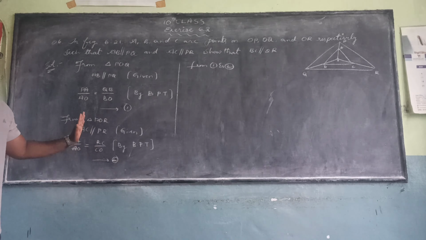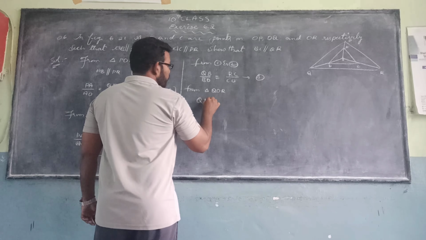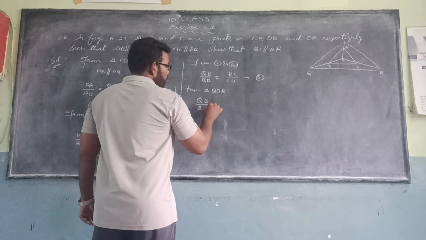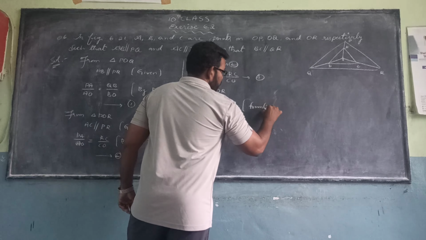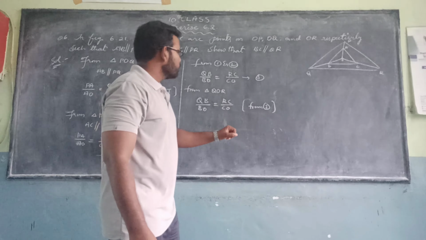Now from triangle QOR, QB by BO is equal to RC by CO. This is from 3. Here if you observe, BC line segment is passing through two distinct points on two sides of triangle QOR, and also we get the same ratio of the two sides.